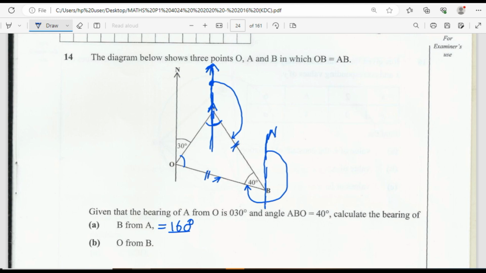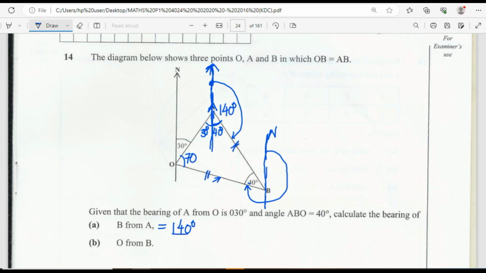So we said 180 minus 40 will give us 140. So 140 divided by 2, this should be 70. If this is 70, here we have 30, then here we have 40. Then 180 minus 40, we get 140 here. Sorry for that.